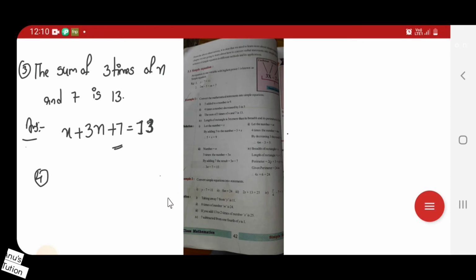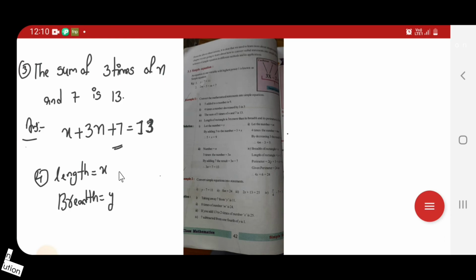And the fourth one, what is there? If you see here, the length of a rectangle is 3 times. Suppose you think the length is x and the breadth is y.